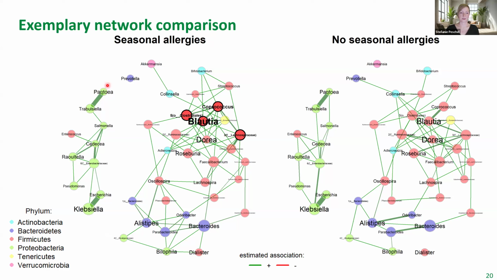So for instance, you can see that this association here is high in both groups, whereas other associations like this here exist in one group, but not in the other one. You're also able to see hub nodes at a glance and so on. And here, instead of clusterings, the node colors represent the phylum level.